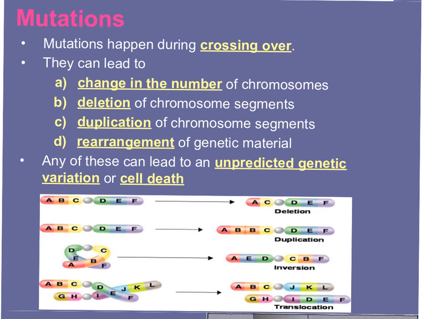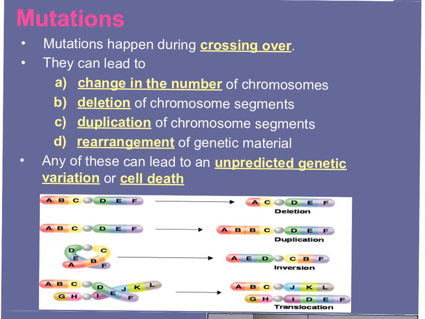Now, earlier we were talking about how there are two issues that can happen, non-disjunction and mutations. So we've talked about non-disjunctions, and I'm not going to go into the types of mutations in too much detail, but feel free to pause the video and take a look at the slide.